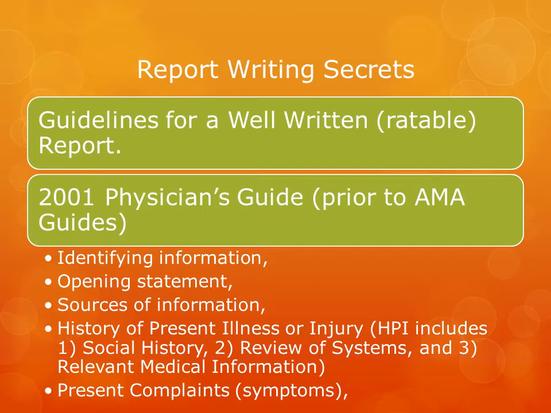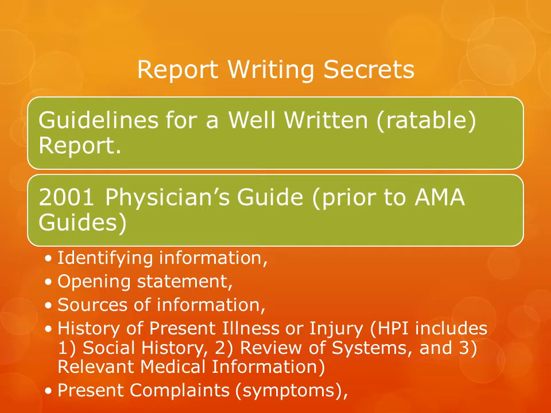And then came along the AMA guides, and the AMA guides gave us a different set of components that go into the report, because the AMA guides are concerned with permanent impairment.